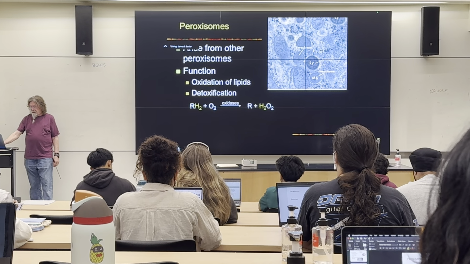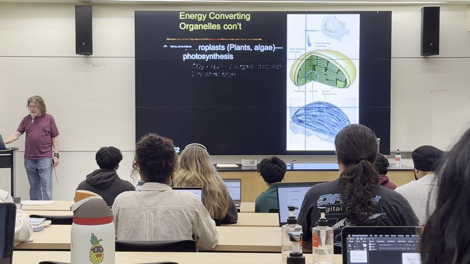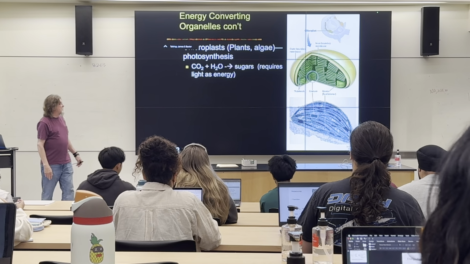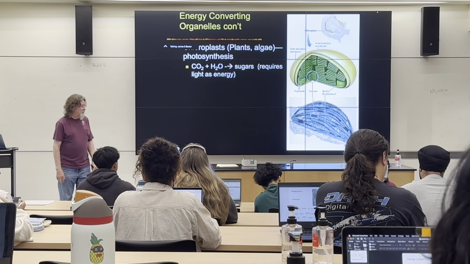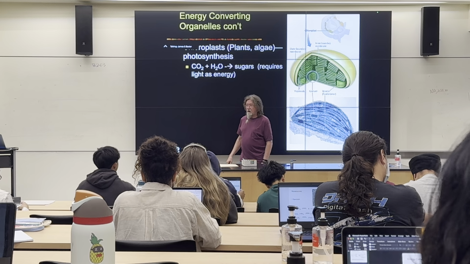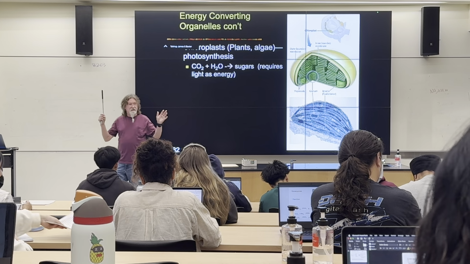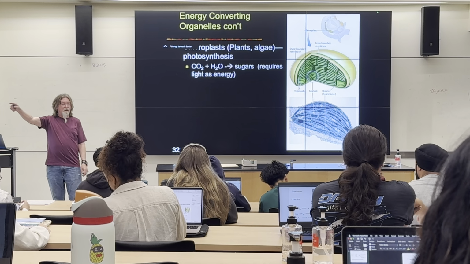All right? So I went through the functions here: peroxisomes, energy converting organelles. I really want to emphasize that these two organelles, with the endosymbiotic theory, have a lot of similarities to bacteria, gram-negative bacteria. In fact, this is based on RNA sequences. I said there are many different types of RNA, and I've mentioned ribosomal RNA.